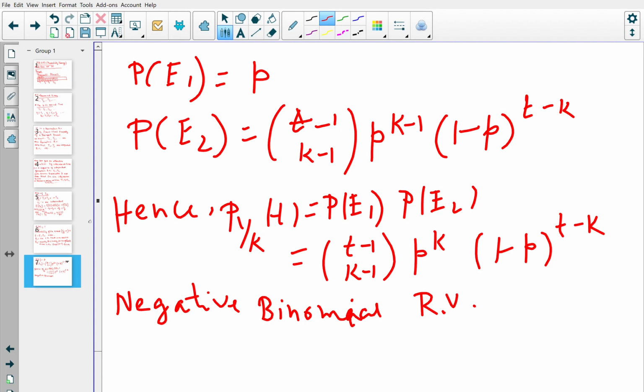It is also called the Pascal PMF. Okay, so what did we learn? We learned that the interarrival time is a geometric random variable, and the kth success or kth arrival follows the negative binomial or Pascal random variable, right?